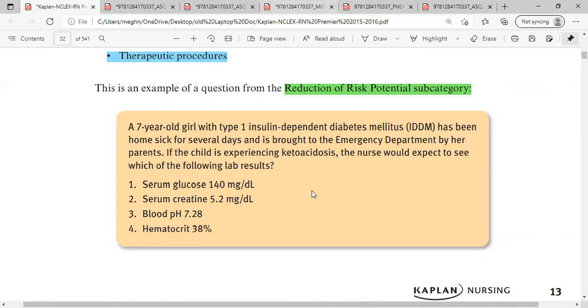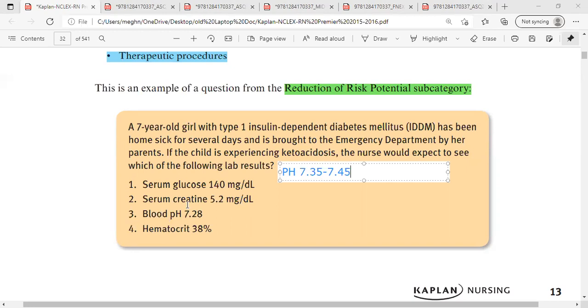So the normal pH should be 7.35 to 7.45, but less than 7.35 means acidosis, and in diabetic ketoacidosis, metabolic acidosis occurs.